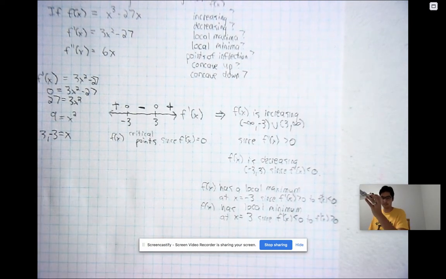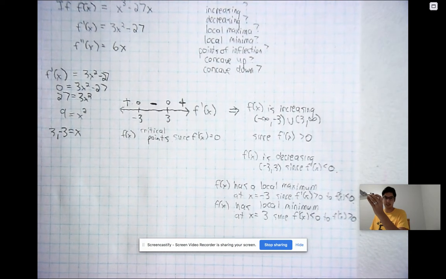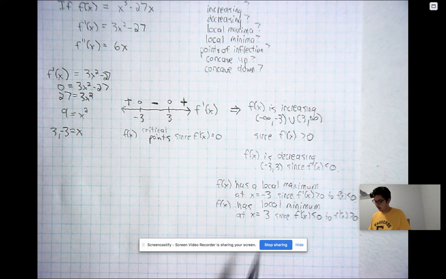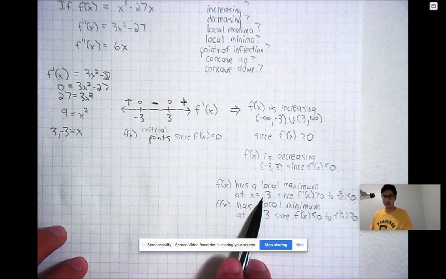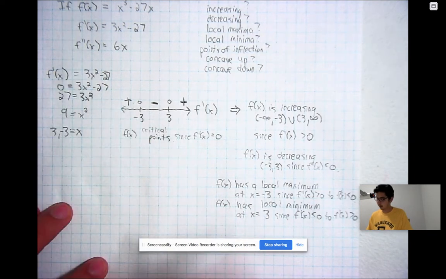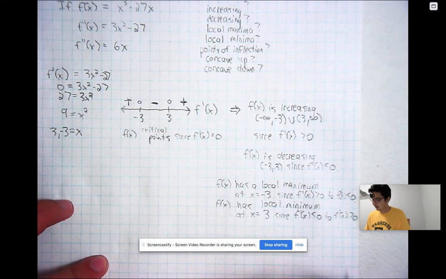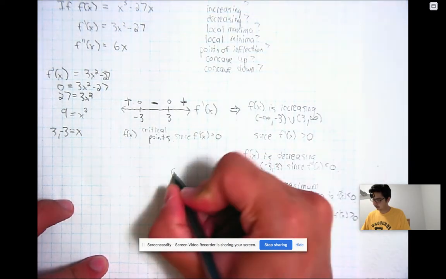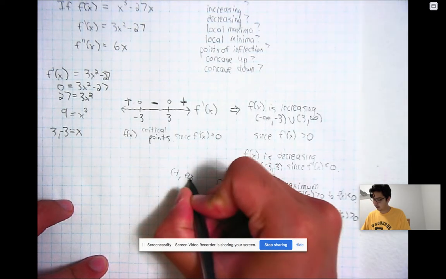Hopefully you can see that a little bit, which is good. So we're putting it together. If you want to find the local maximum at -3, make sure you plug -3 back into f of x. So let's see what that maximum is right away. At -3, what's f of -3?